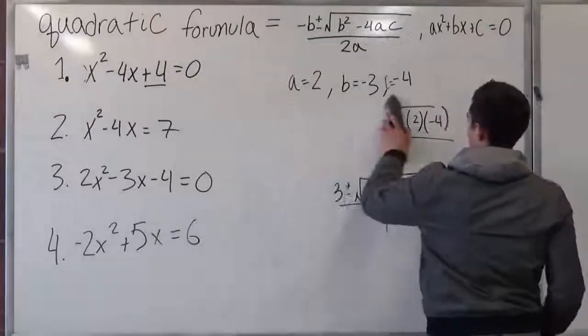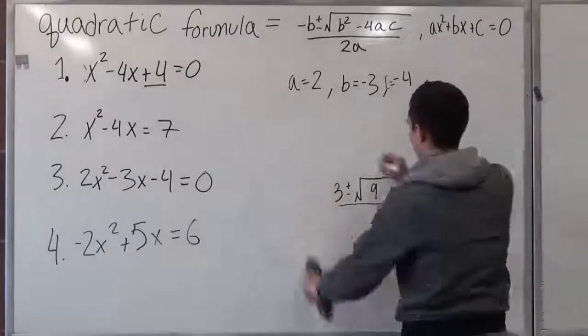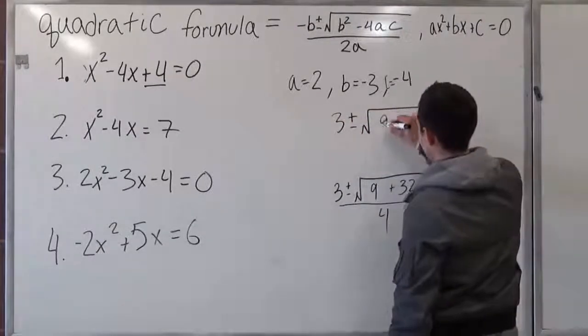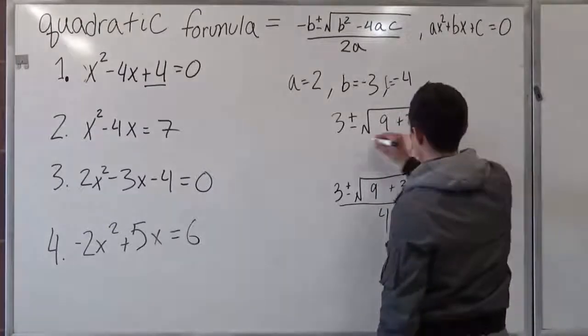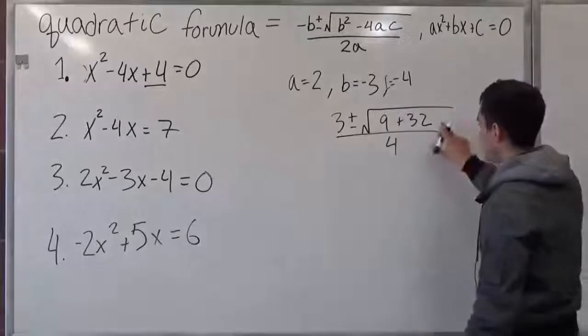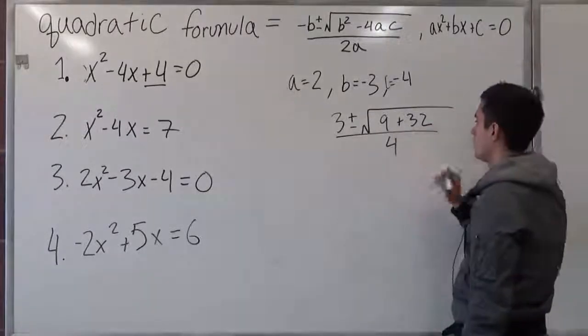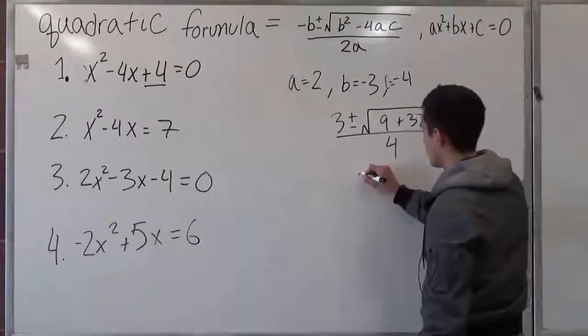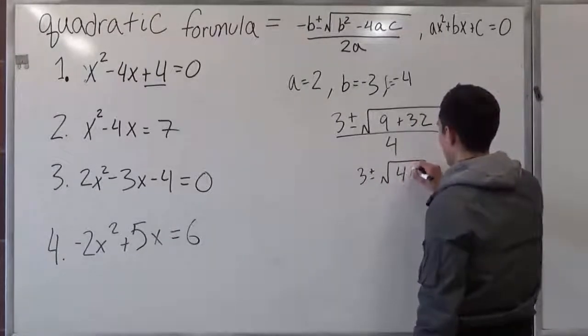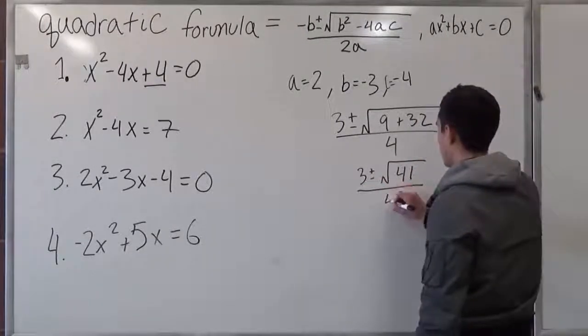So let me just erase this part. We have 3 plus or minus radical 9 plus 32 over 4. 32 plus 9 would give us 41. So 3 plus or minus radical 41 over 4.